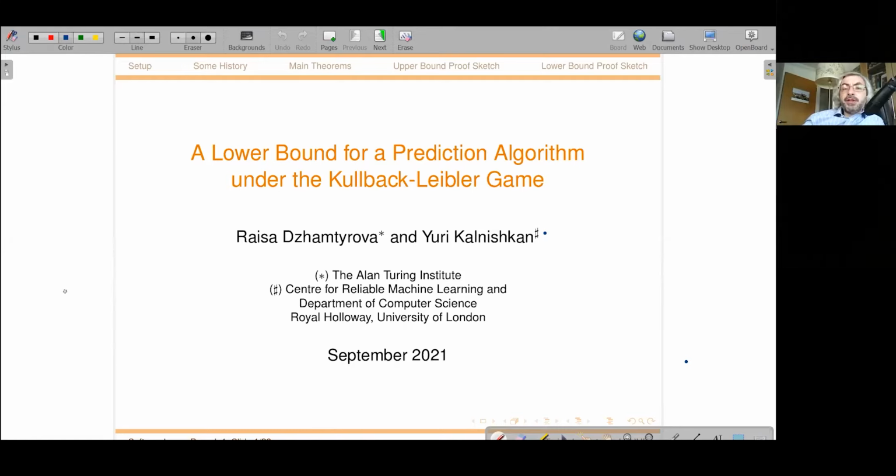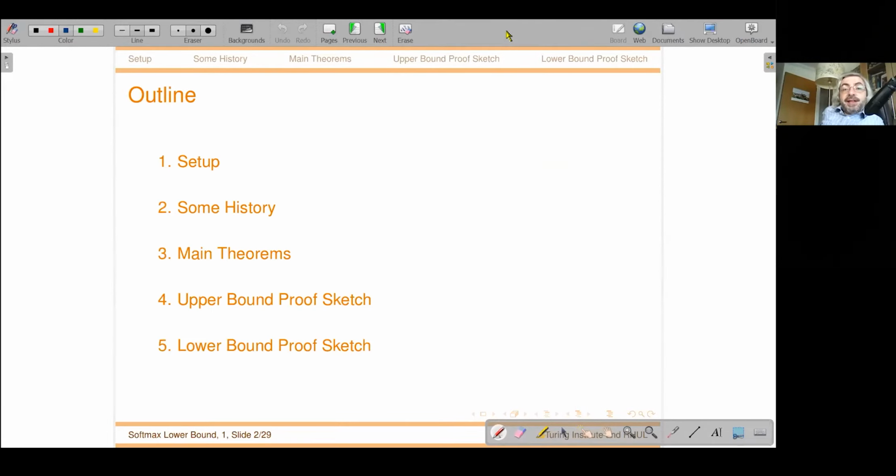The focus of this paper is slightly different from the other papers in this session. I will start by describing the setup, by explaining what this is all about.